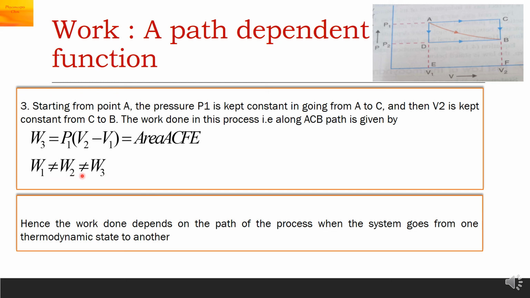All the work done are not equal. So from this we can conclude that the work done depends on the path of the process. For each path, the work done is different. So the work done depends on the path of the process when the system goes from one thermodynamic state to another.